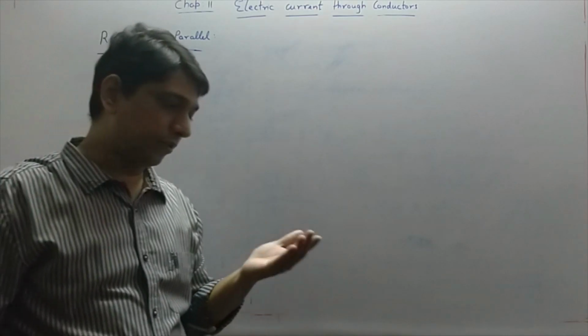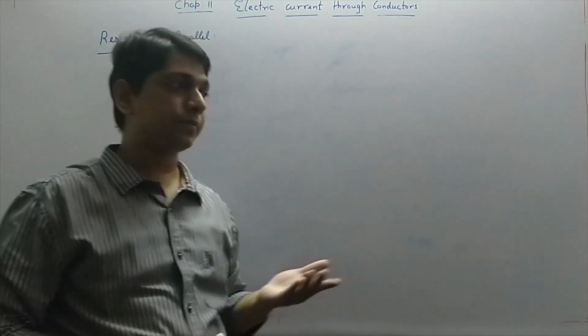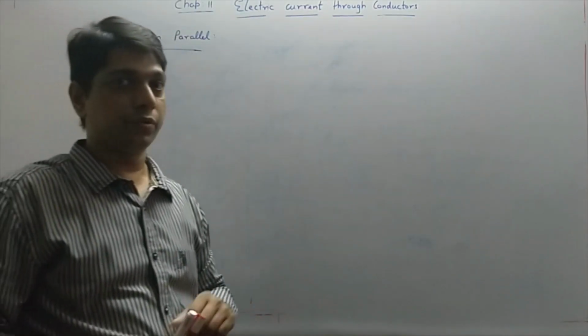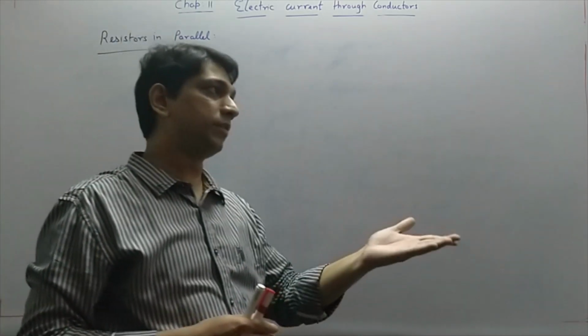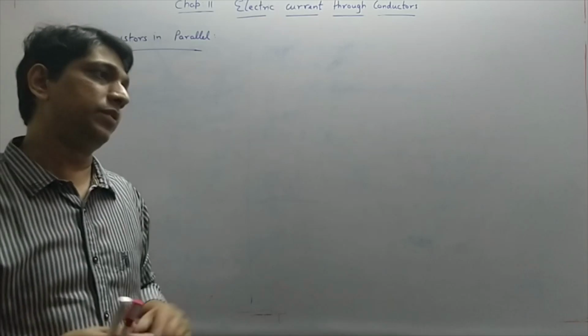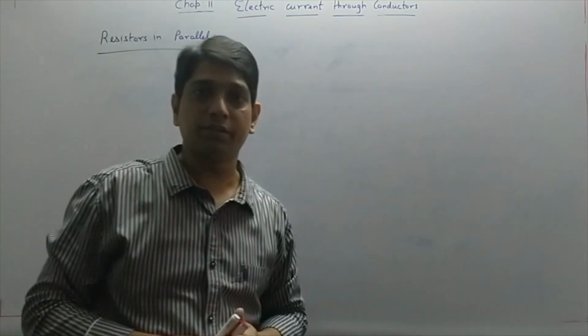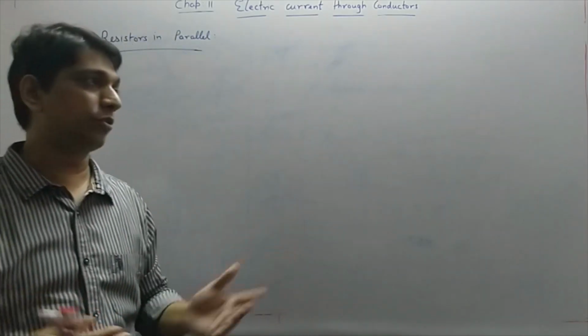Suppose I want the value of resistance as 5 ohms. If I go to the market and ask for a 5 ohm resistance, the shopkeeper will tell me he does not have a 5 ohm resistance.